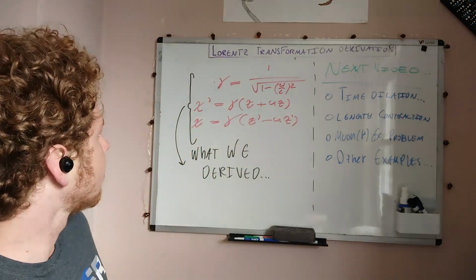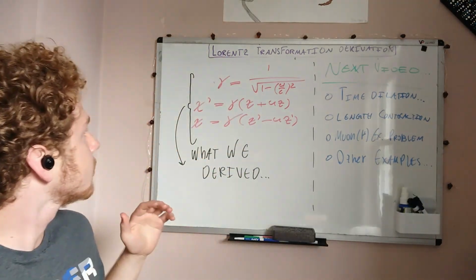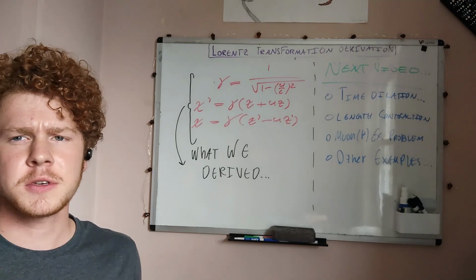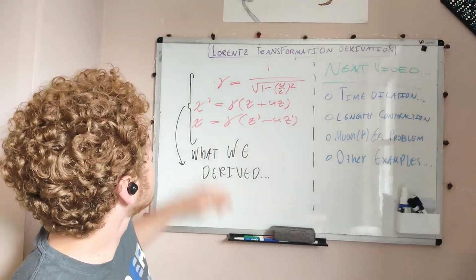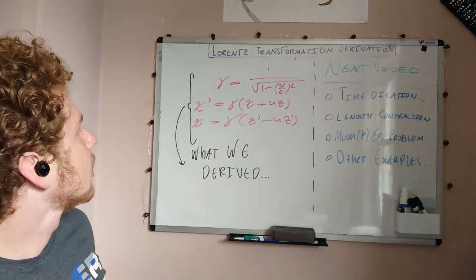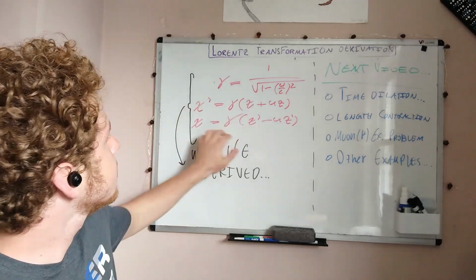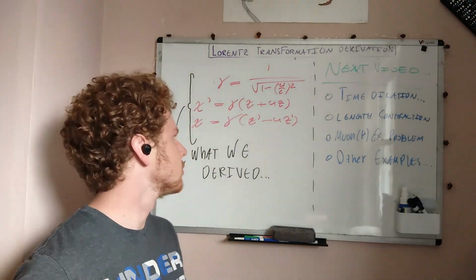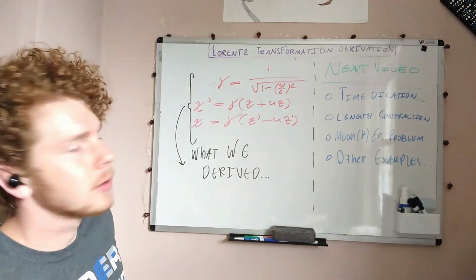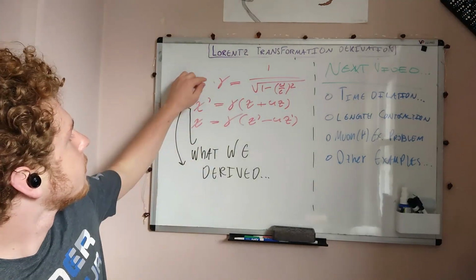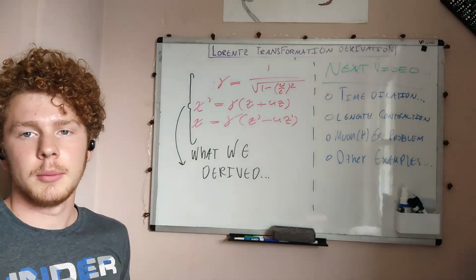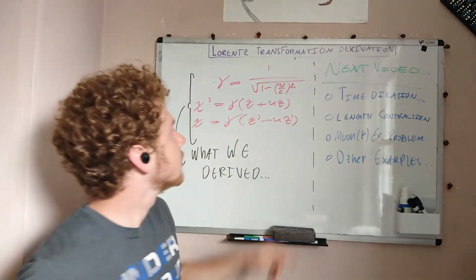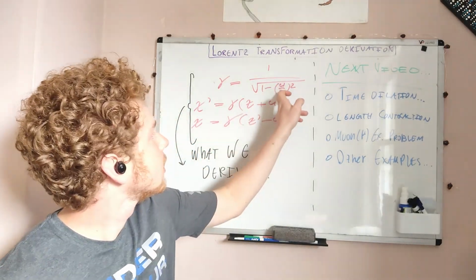Thanks for making it this far. Here's just a quick conclusion on what we did. First, we derived the Lorentz factor, simply by me saying, let's assume this, let's assume that. And then from these and a few manipulations, we found the Lorentz factor in terms of the relative speed and a constant.